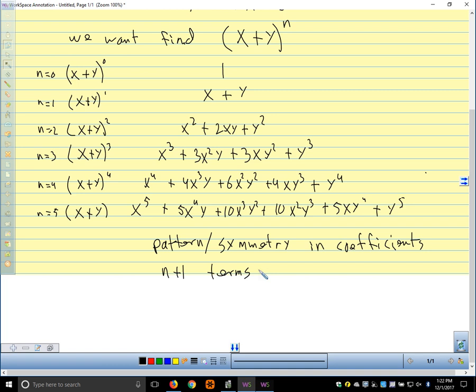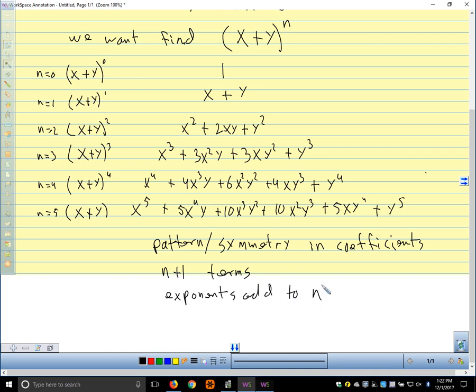How about the exponents? Yeah? Right, the exponents always add up to n. So here we have 5, 4 and 1 is 5, 3 and 2 is 5, 2 and 3 is 5, 4 and 1 is 5, 5. So our exponents add to n.